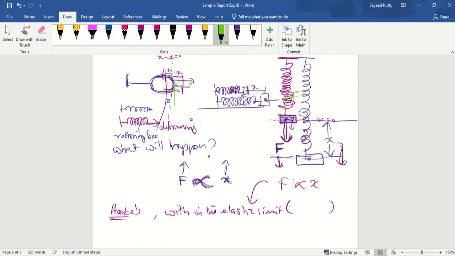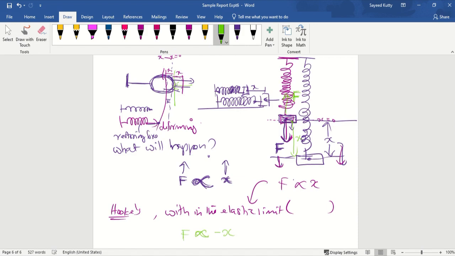Look at the spring, the restoring force and the extension produced. Here the extension is in this direction. So are they in the same direction? No. So we can say that this F is directly proportional to minus X.